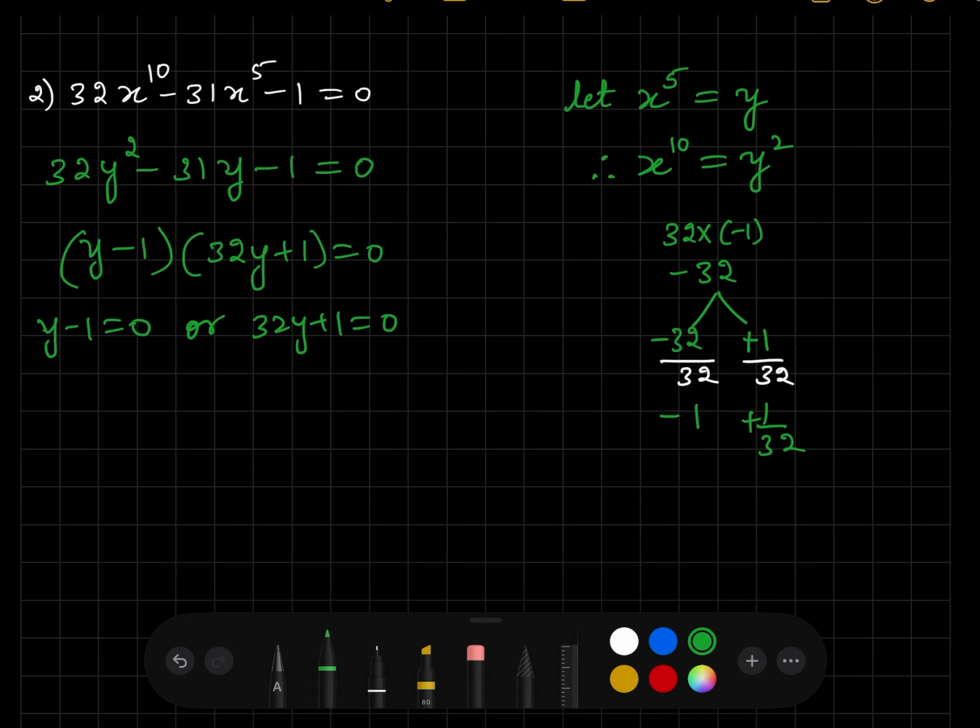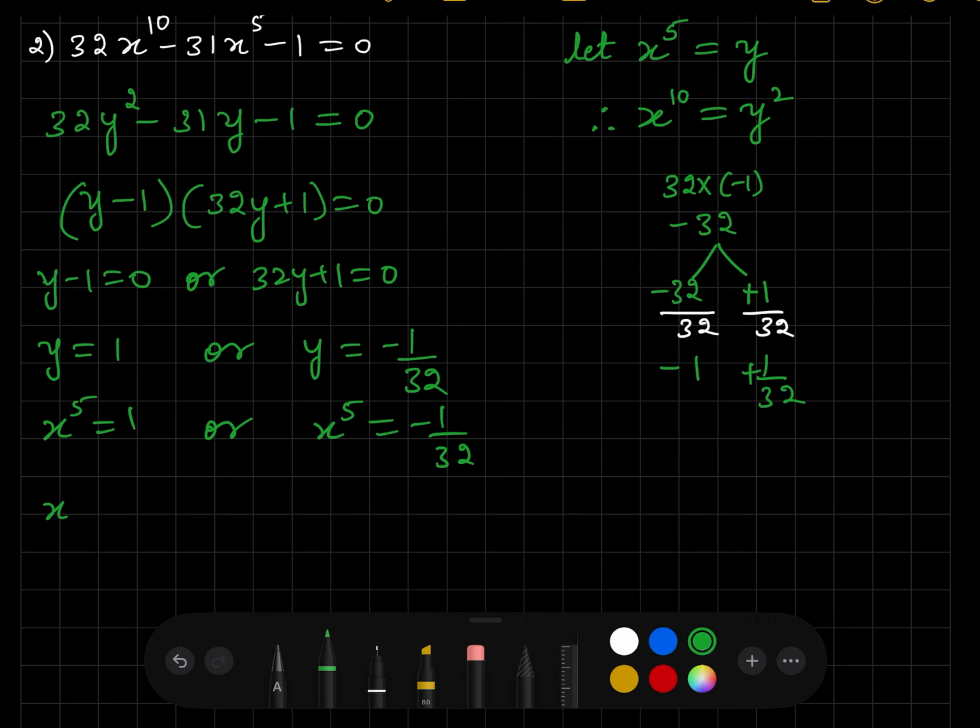Okay, so here y is equal to 1 or y is equal to negative 1 over 32. Now again, we will be substituting y as x raised to 5. So x raised to 5 is equal to 1 or x raised to 5 is equal to negative 1 over 32.